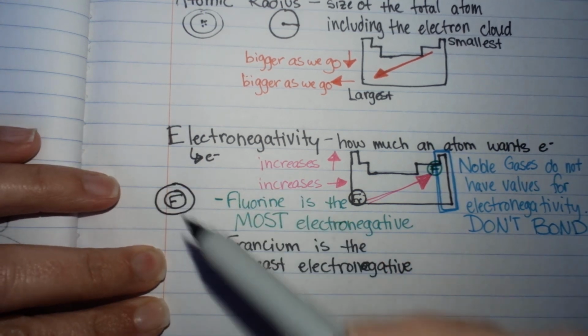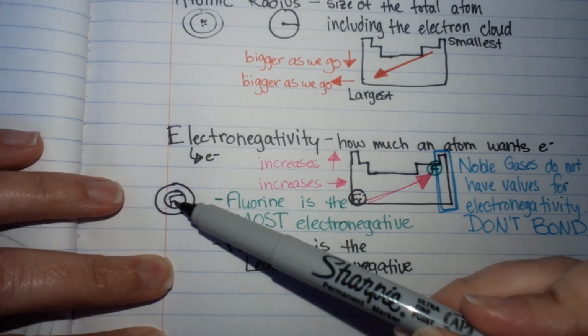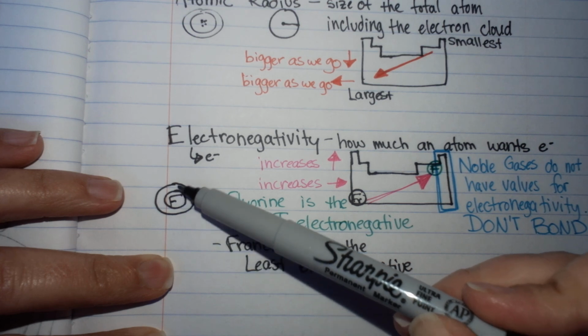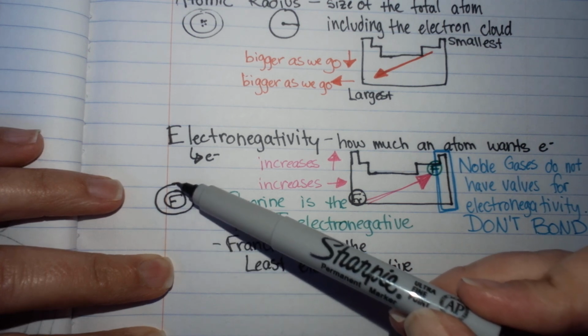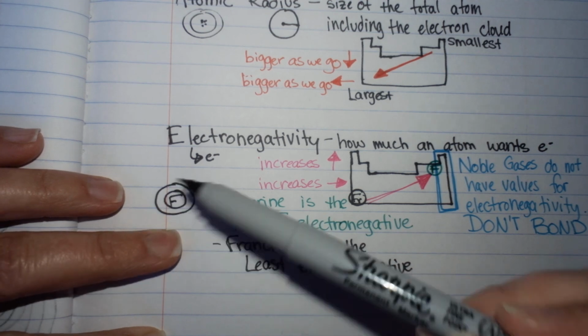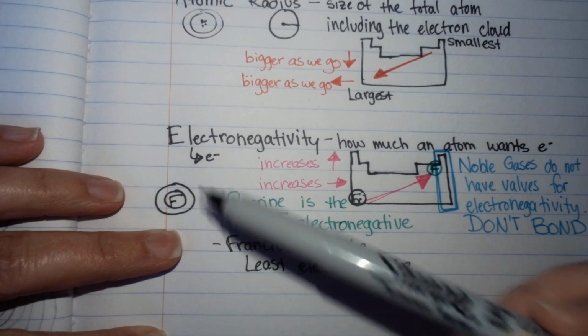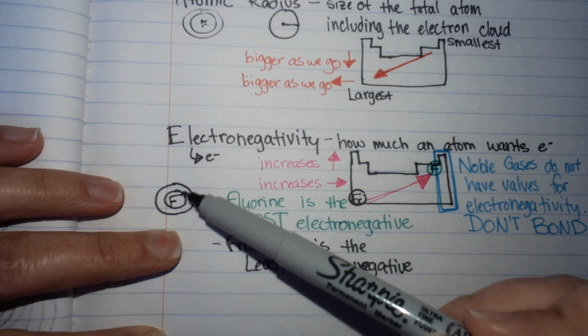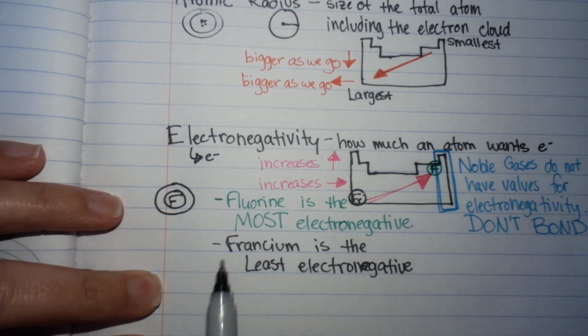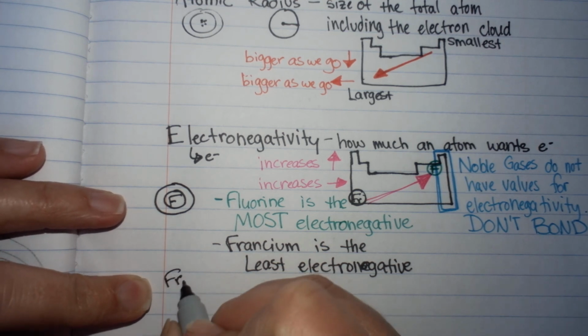Okay, so the 9 protons in the nucleus of the fluorine atom have a really good pull on these electrons in the outer ring. They're very close. They also have a pretty good pull on electrons out here, outside of their own electron cloud, because it only has 2 rings.